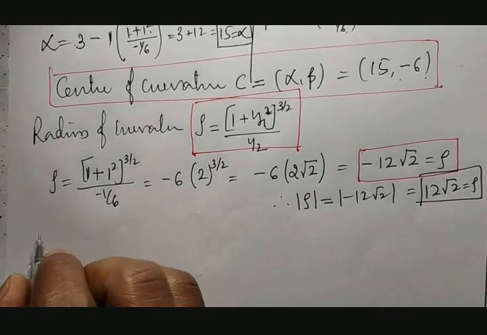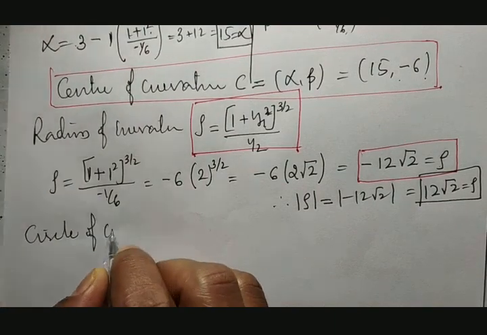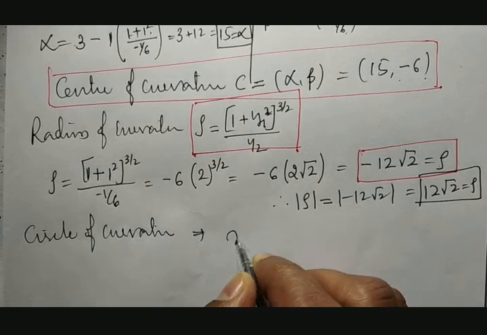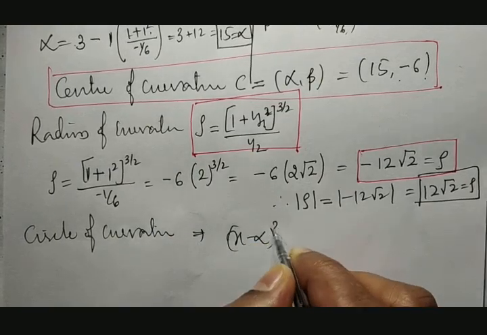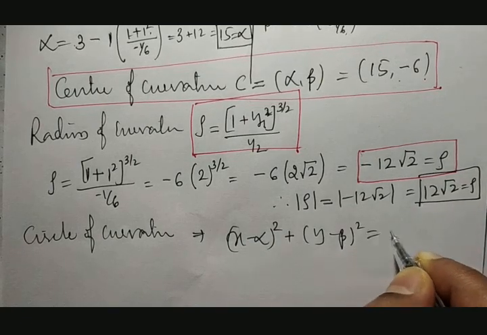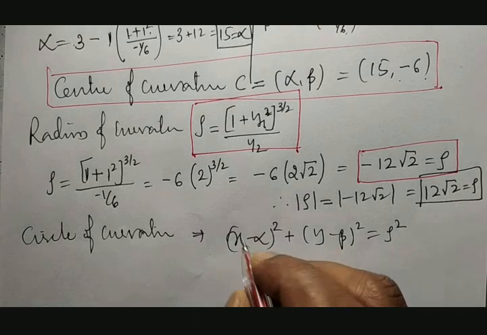Therefore, the circle of curvature is x minus alpha square plus y minus beta square is equal to rho square. This is the formula.